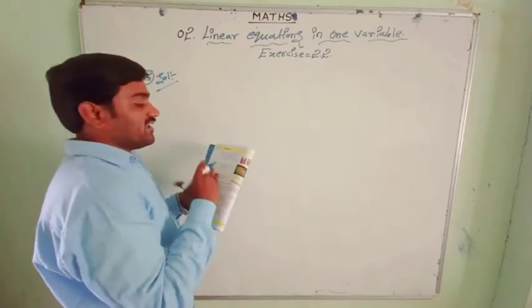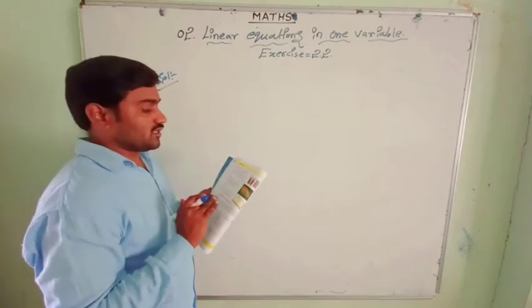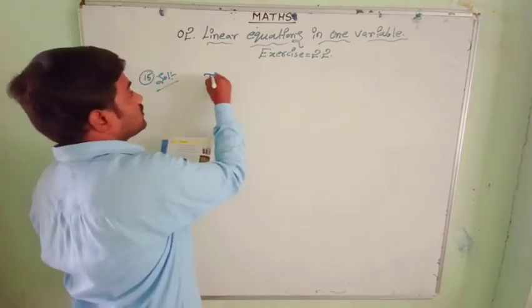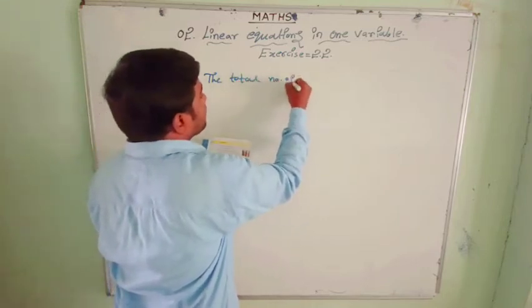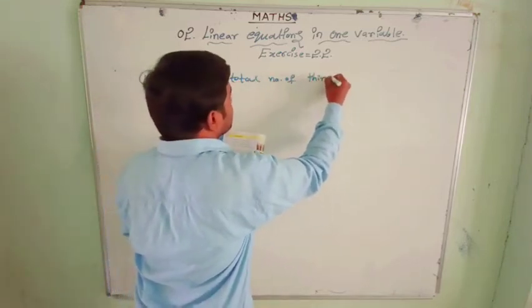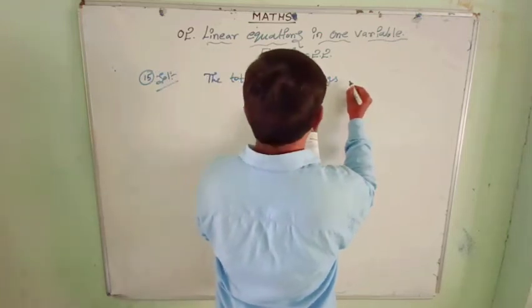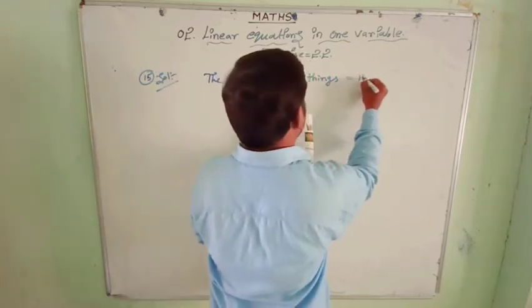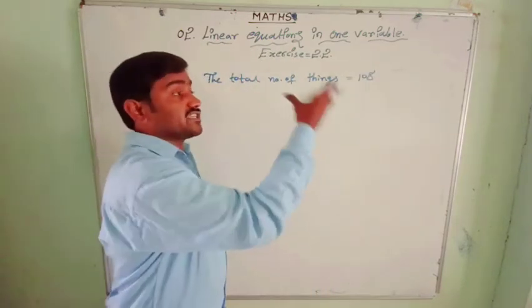Simple, the number of pens and the number of pencils we have to assume here. The total number of things is 108. That means in this 108 there are some pens and some pencils.